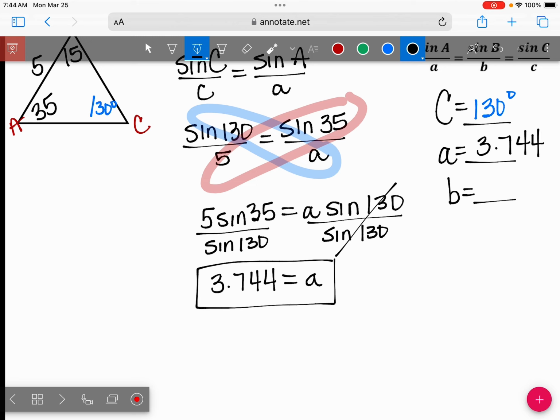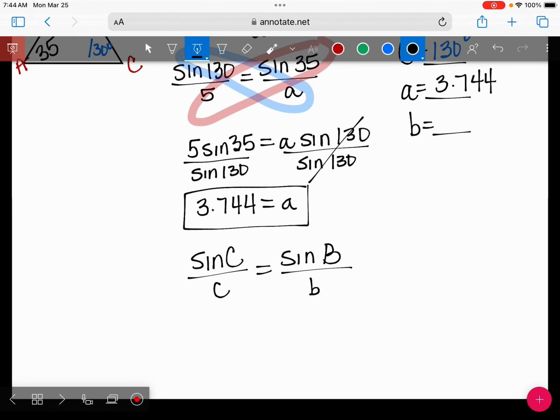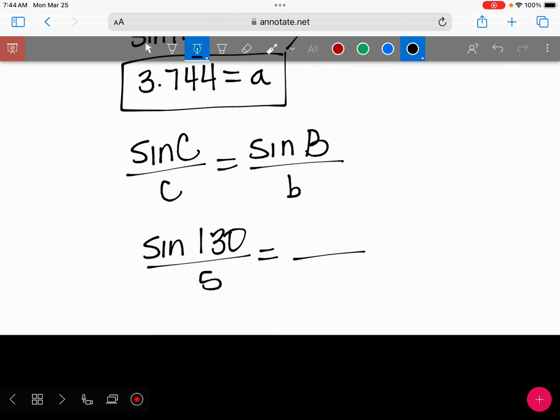All right, so now let's find B. For B, you're going to use sine of C over c, and that's going to equal sine of B over b. So again, we have sine of 130 over 5, and that's going to equal, so the measure of angle B is 15. All right, go ahead and solve that for side b.